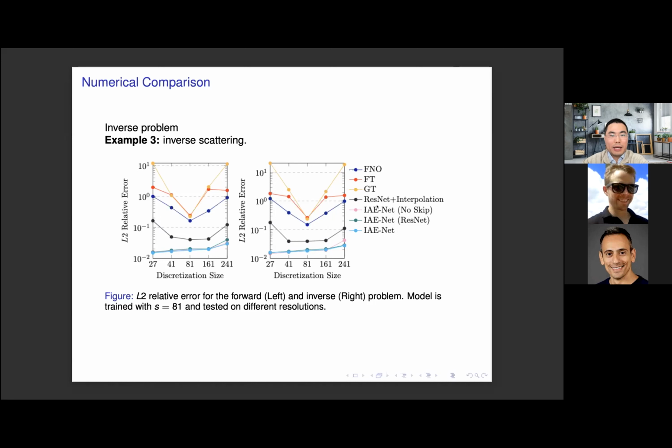For the other algorithms, the accuracy can be much worse than the accuracy at the trained grid size. So we can clearly see some V shape for the other algorithms. This is one challenging example where the naive ResNet plus interpolation cannot work. We can still see some V shape for this naive algorithm.